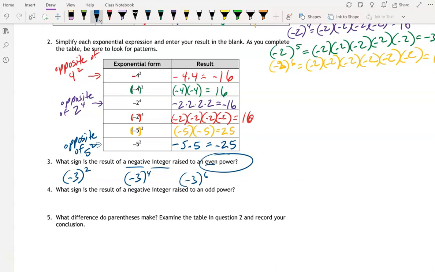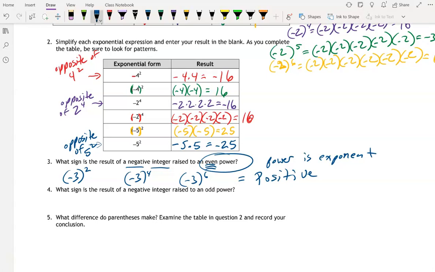The power is the exponent. If we have an even number of powers and it's a negative number, every one of those is going to be positive because you have an even number of negative signs.